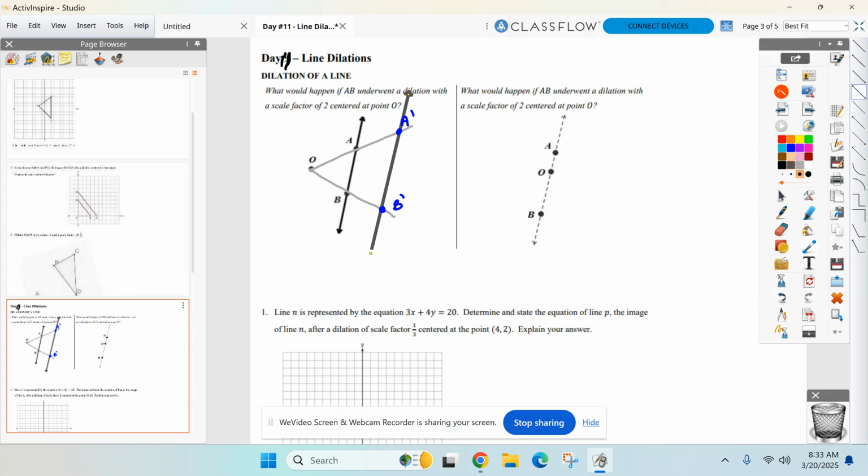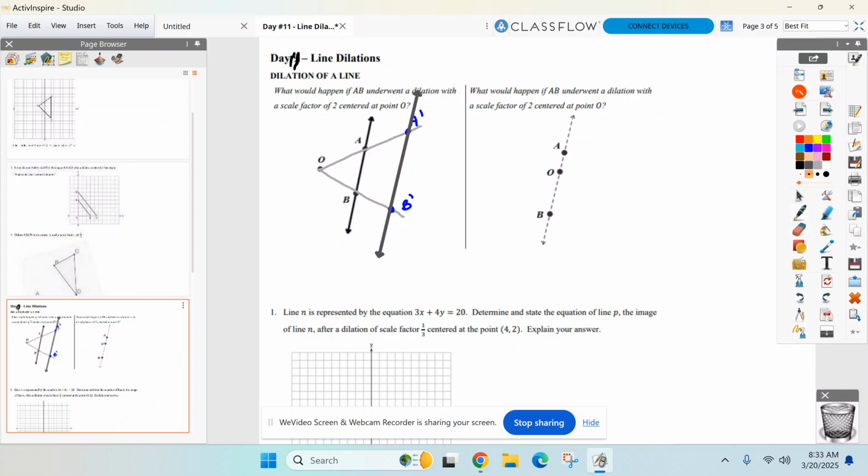Yeah, I know it moved. Thank you. It didn't stay where it was. But what's the relation between these two lines? From a vocabulary term way back in Unit 3, they are parallel to each other. Yes. So when lines are dilated, the original line and the new line are parallel to each other.